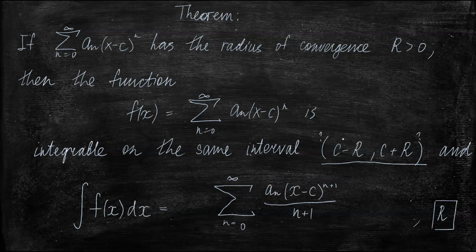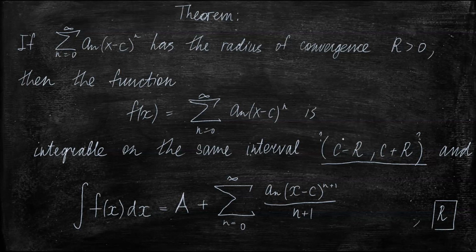And of course, as you know, when we integrate, we have the constant of integration. Now, because we already used the letter C to mark the center of the series, I'm going to use the letter A. But this letter A is not just some constant, it's actually the first term of the series, naturally, because it doesn't have any power of x attached to it. So instead of writing this constant of integration on the right, I'm going to write it on the left.